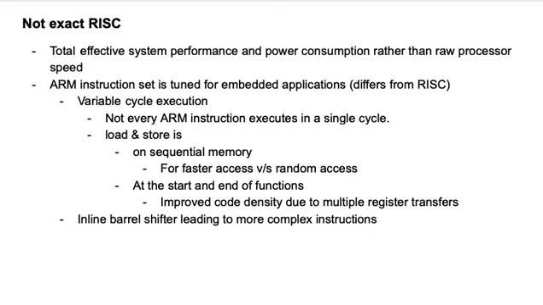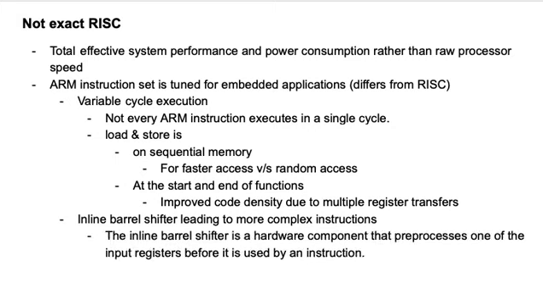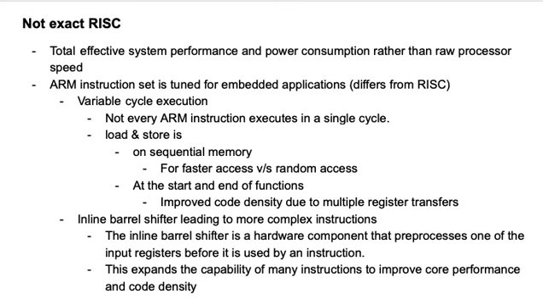The code density is also improved because the read from memory is at the start and end of the functions, and thus multiple register transfer happens from memory. There is also the barrel shifter, which helps to execute more complex instructions.